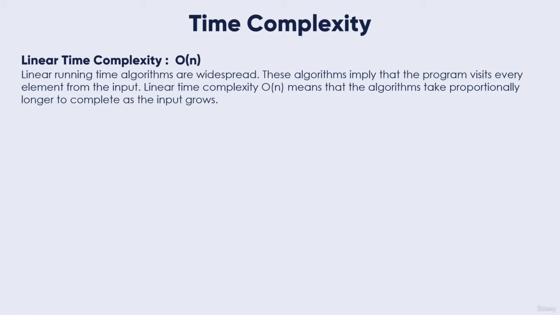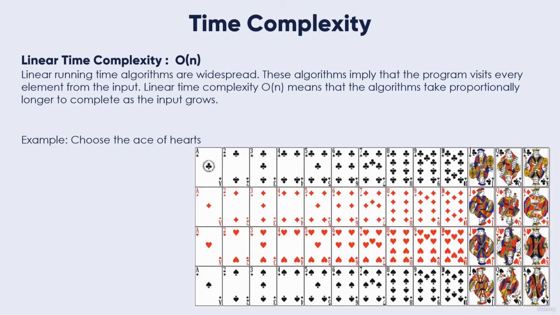Let's take an example in the playing cards and then go to the coding. Example, choose the ace of hearts. Maybe if you shuffle the cards and choose at random, any of the cards. But we are not going to choose a direct one, a direct ace of hearts.